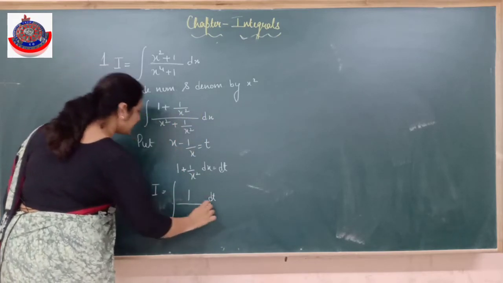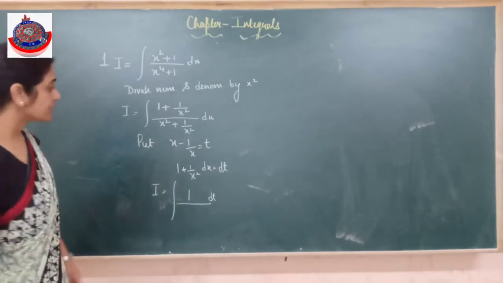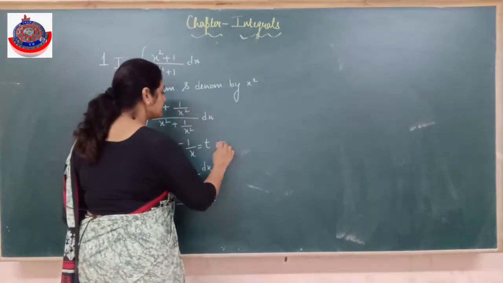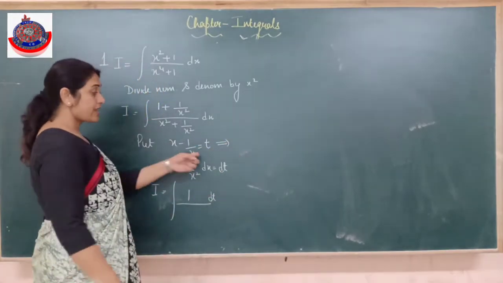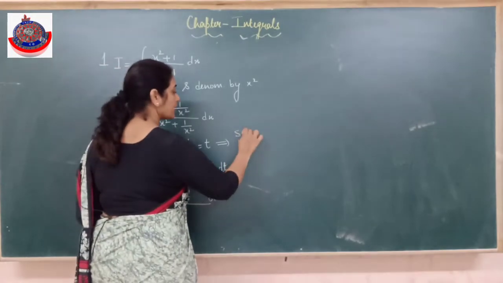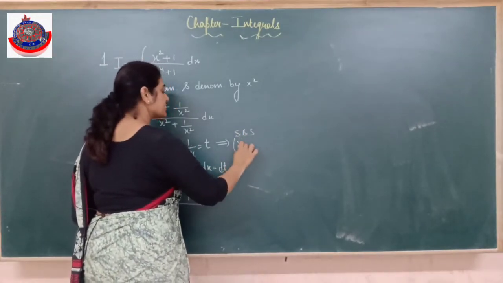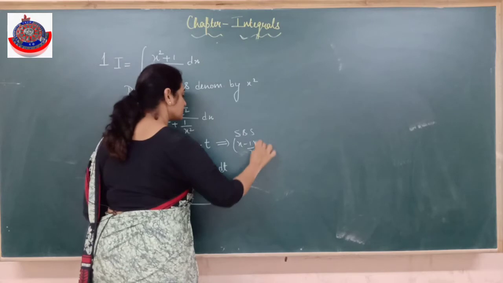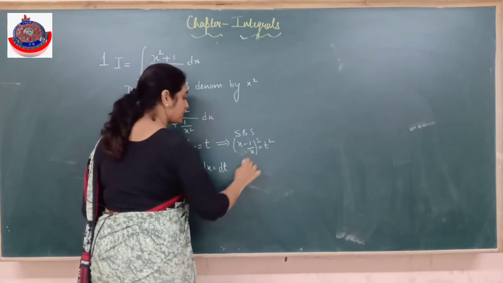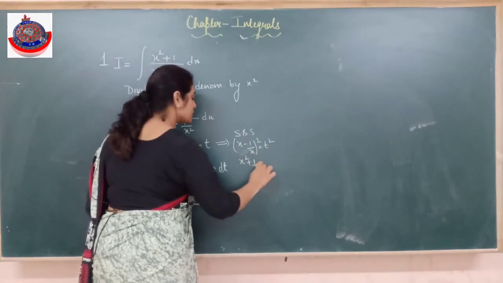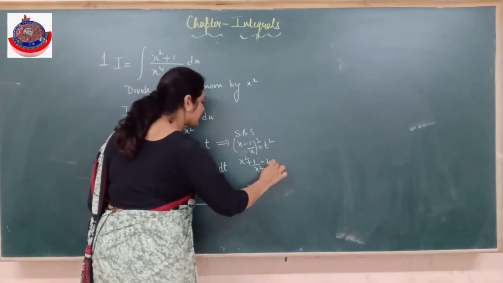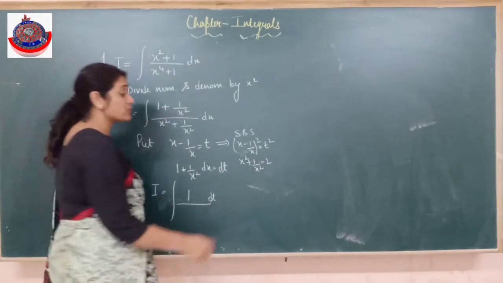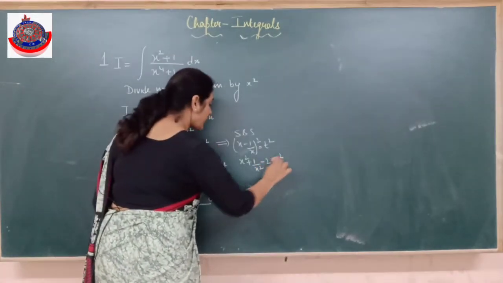What about the denominator? See how the denominator will come here. Squaring both sides, what will I get? a square plus b square minus 2ab. That means only 2, because x into 1 by x will be cancelled. t square.